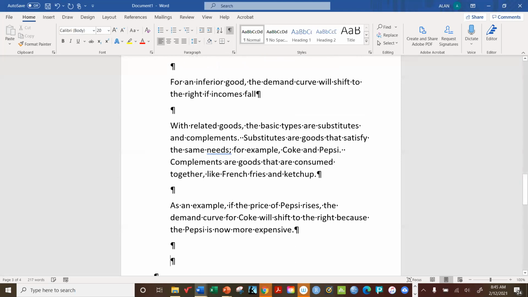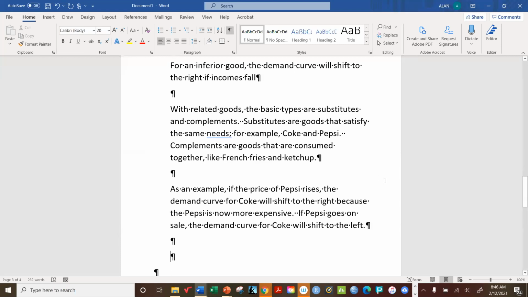And that's the bottom line. I mean, Pepsi's more expensive, people will buy more Coke. It's as simple as that. If Pepsi goes on sale, though, the demand curve for Coke would actually go to the left, because now it's cheaper to buy the Pepsi, and some people at least will do that.